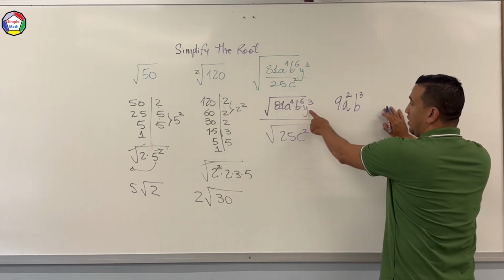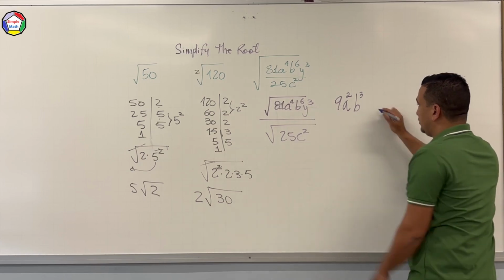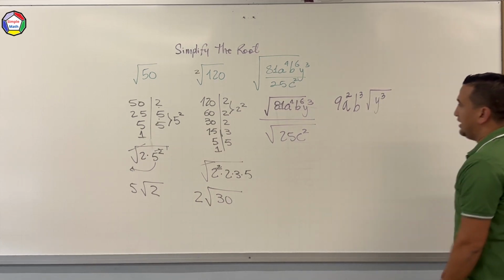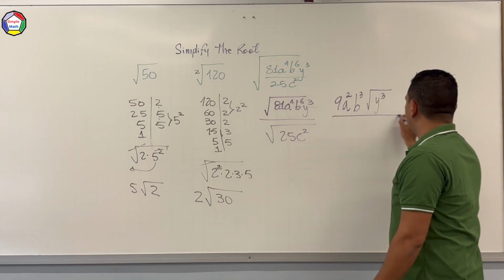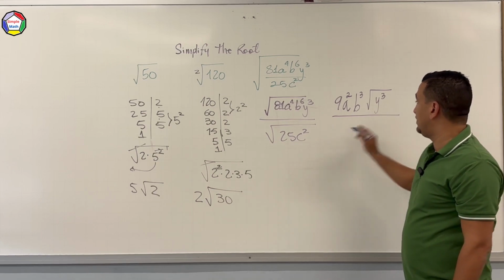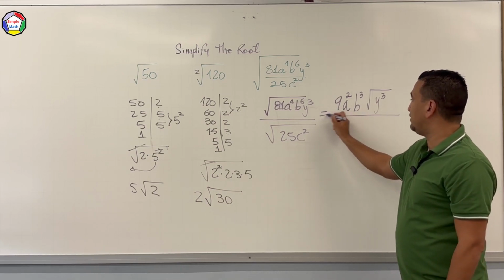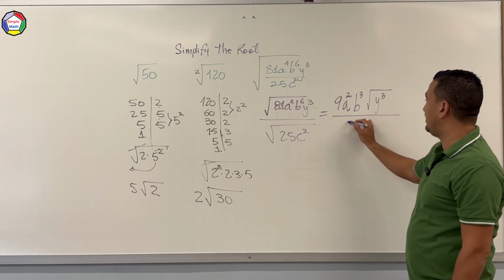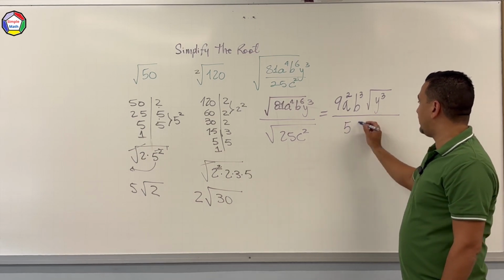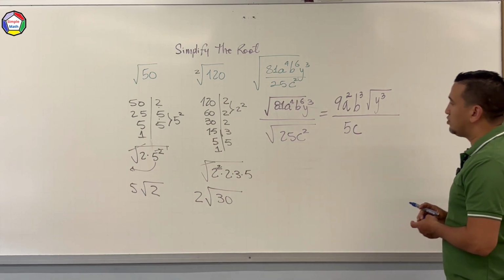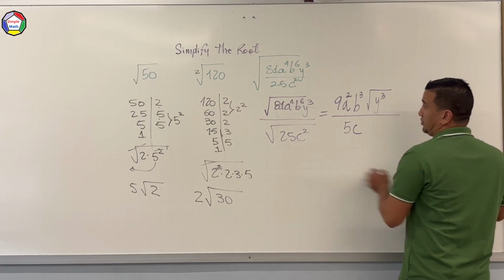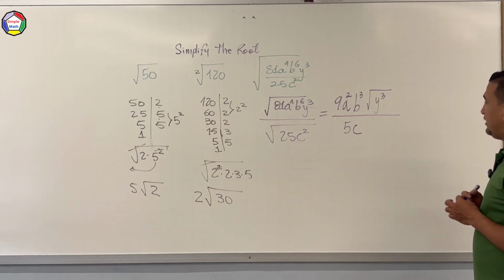And y^3 doesn't have an exact square root, so it stays inside the root, like this. We can do the same thing here with 25. What is the square root of 25? 5. And the square root of c squared is c. As a conclusion, we can play with square roots.